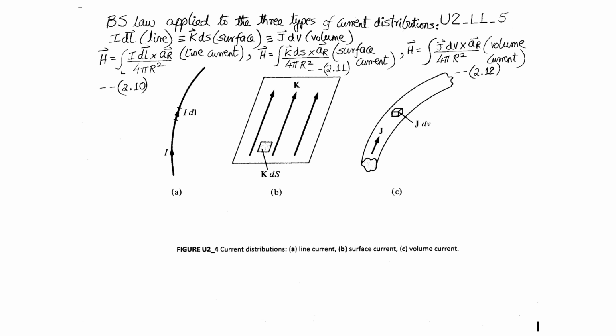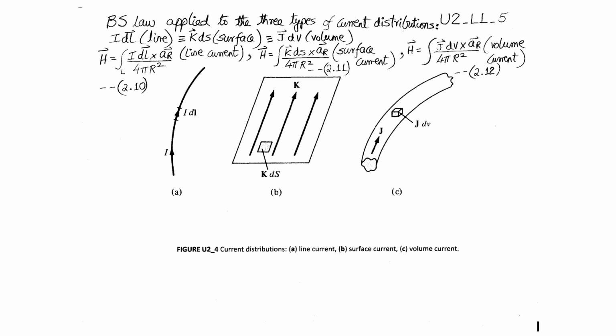Finally, we come to the volume current shown in figure U2_4c. So the volume current is always represented by J dV, where J vector is the volume current density.